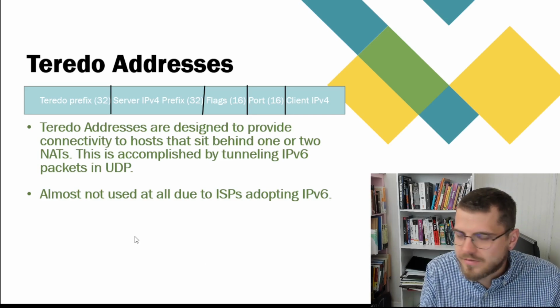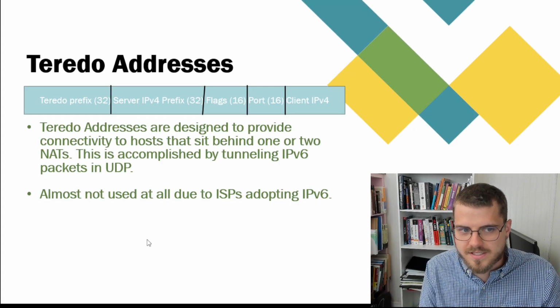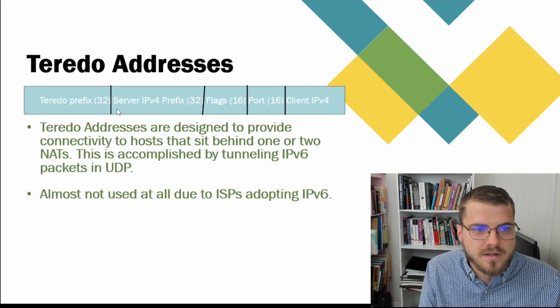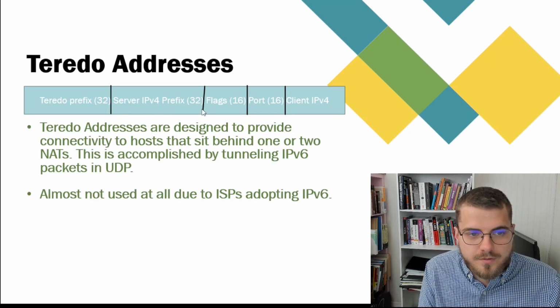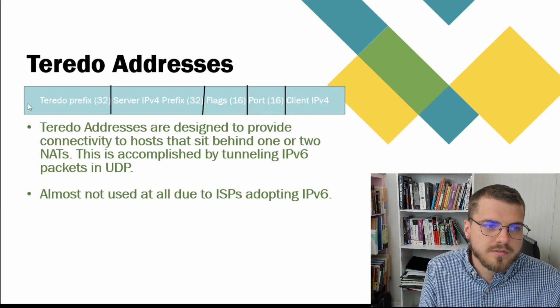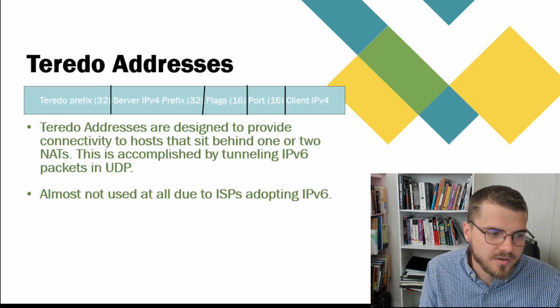Now, this is almost never used because ISPs just started adopting IPv6, but this was originally a thing that was happening where they'd have a Teredo prefix, 32 bits, then a server IPv4 prefix, flags, port, and the client IPv4. So this one needed a server to kind of translate this stuff, but like I said, this is hardly used now.